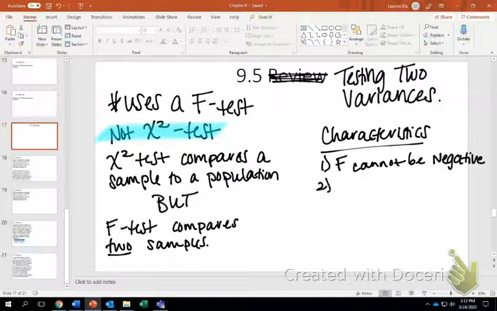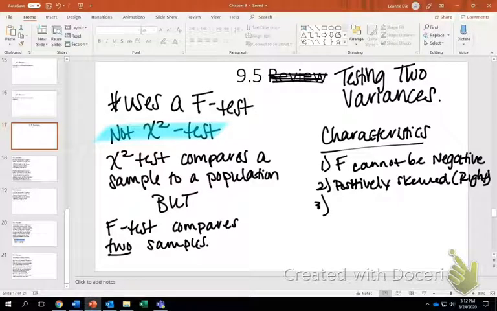The second thing is that it is, again, positively skewed, or it is a right skew. All right. And then the third thing is that the mean value of F is approximately equal to 1. And we'll talk more about that in a second.